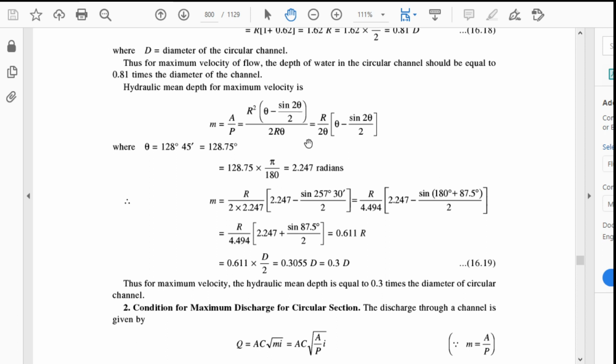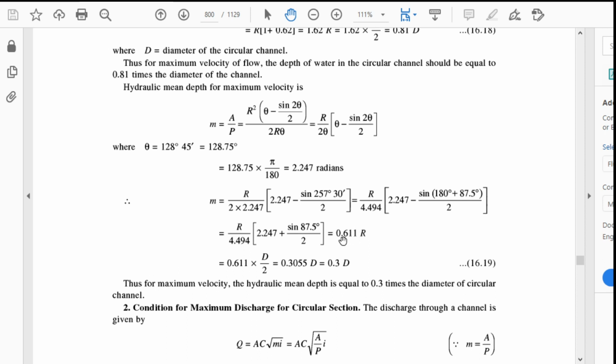So we have to consider the radian value here, and the degree value here. Substitute in the proper places.